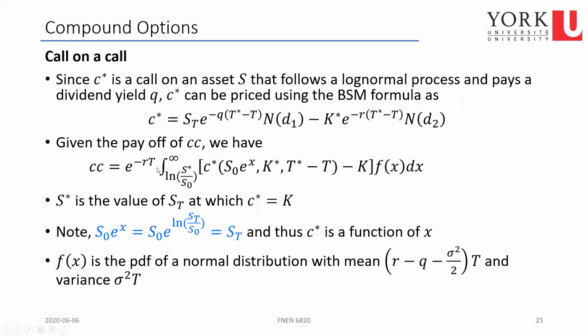Obviously, this C star depends on ST, so C star is a random variable.